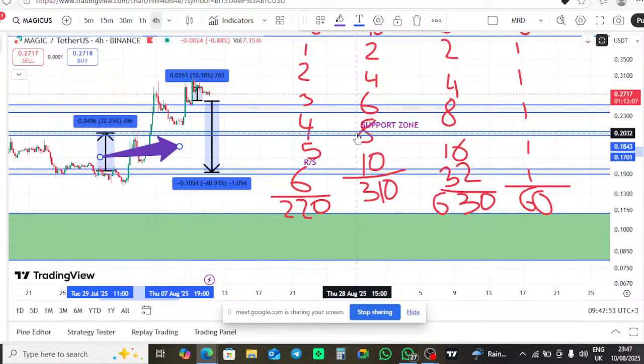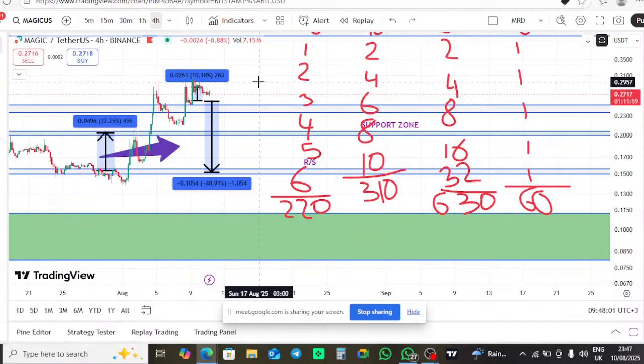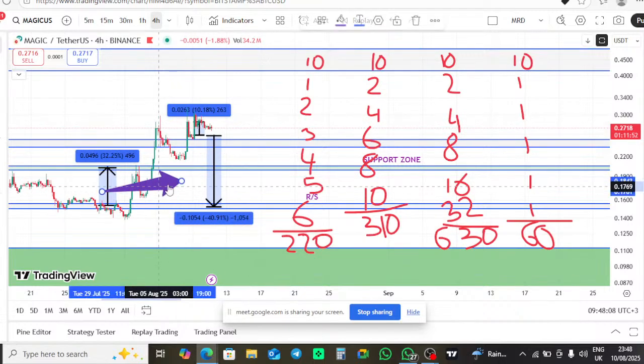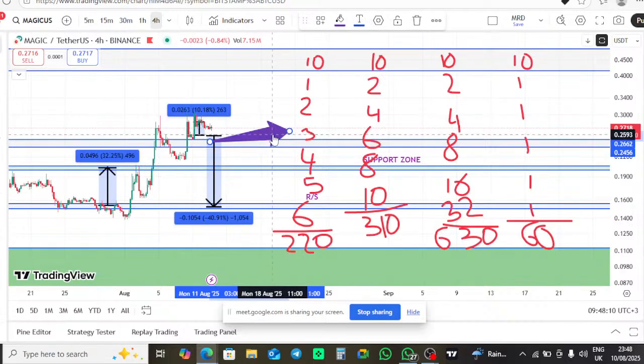No. You must remove that word from your mouth if you want to keep making money. That is money management. You are managing your money.